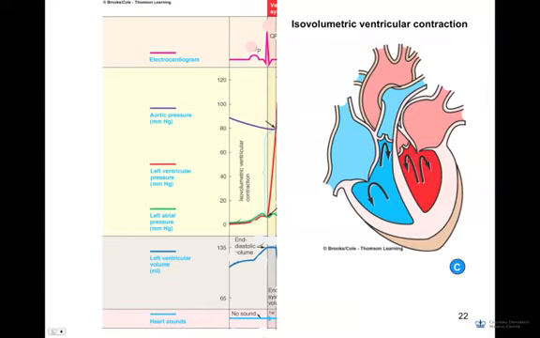Because as you can see, all of the valves are closed during isovolumetric contraction. The AV valves are closed and the arterial valves are closed. So isovolumetric contraction is a period of time where the ventricle is building up enough pressure to open up the aortic valve. Okay? And all the valves are closed during this time.